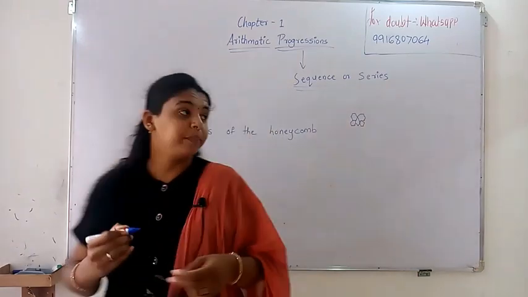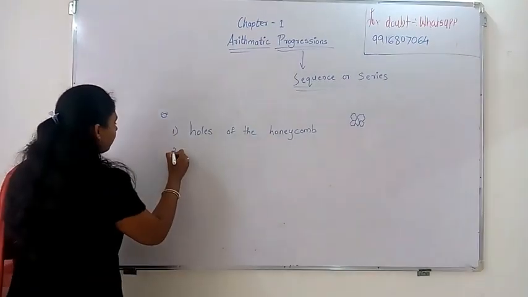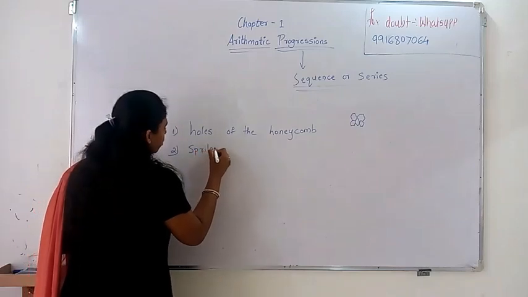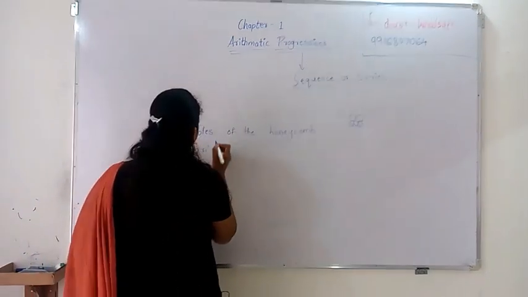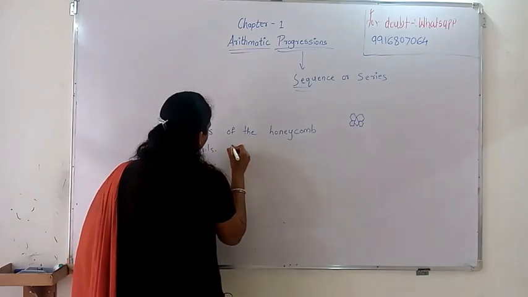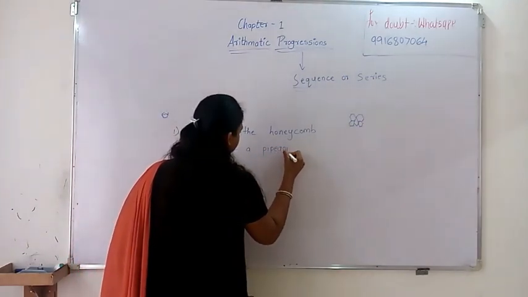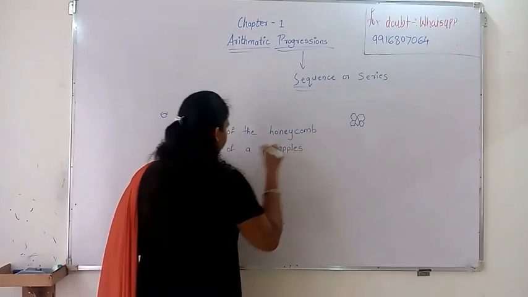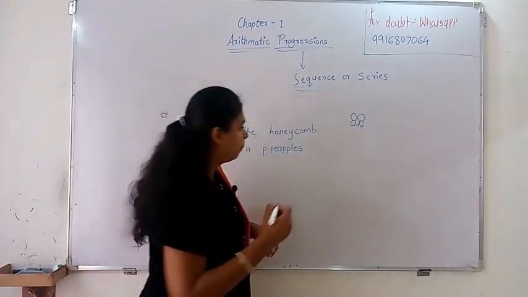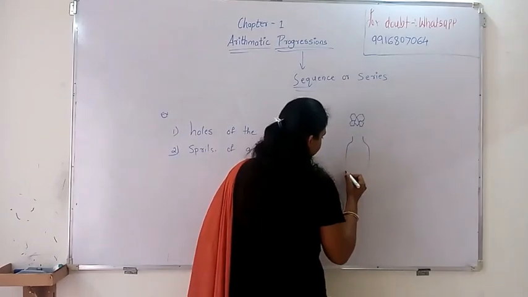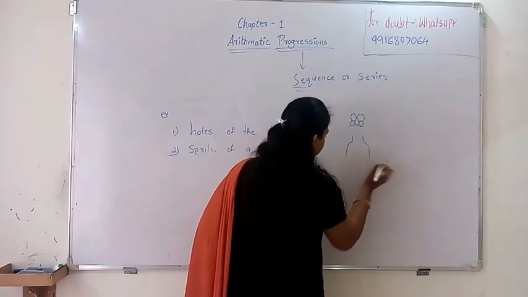And second example, spirals on a pineapple. We have seen a pineapple, correct?